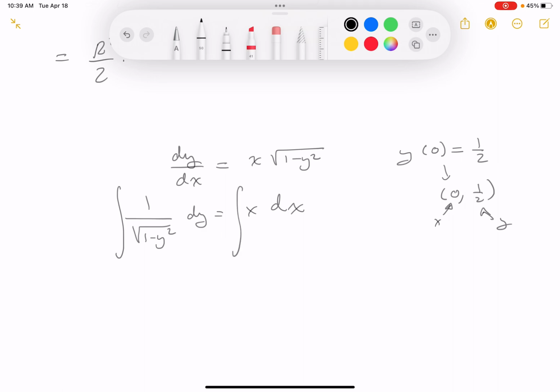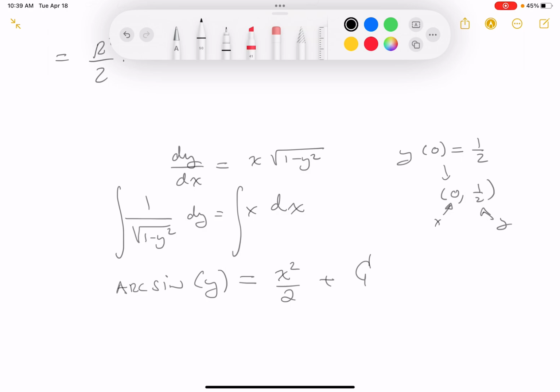I recognize the antiderivative for the left-hand side, and that's simply the arc sine of y. And the constant comes later, by the way. The antiderivative of x is simply x squared over 2, and there will be some constant of integration. Whether it's on the left side or right side doesn't matter.